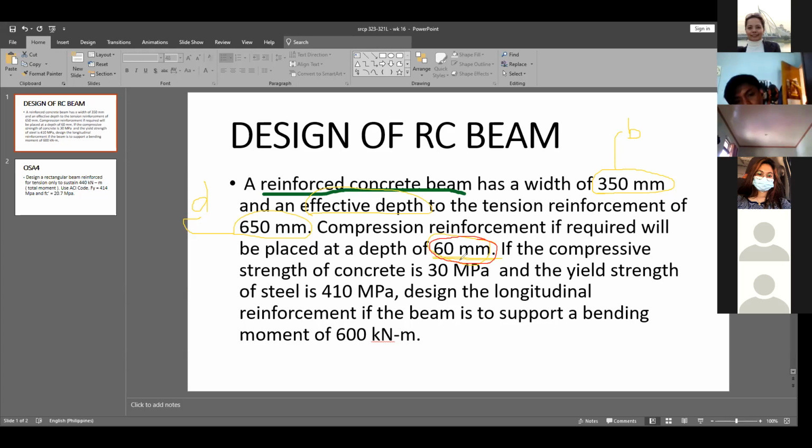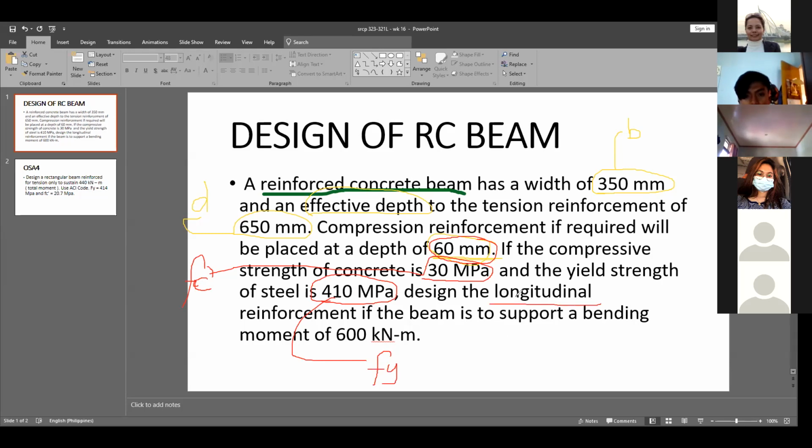So if the compressive strength of concrete is 30 megapascal, so this one is FC prime. Compressive strength of concrete is 30 megapascal. And the yield strength of steel is 410 megapascal. So you have Fy here. We are going to design for the longitudinal reinforcement.